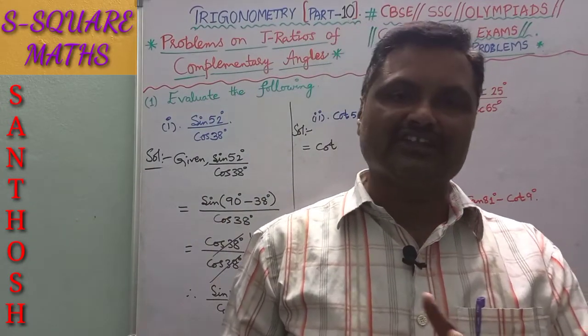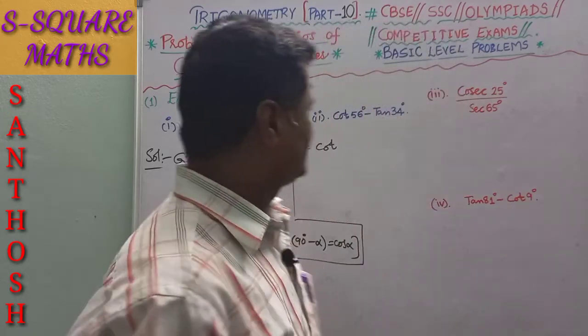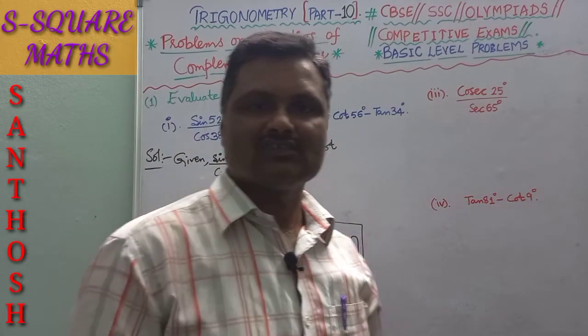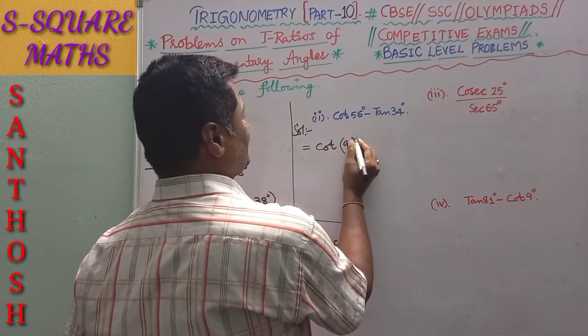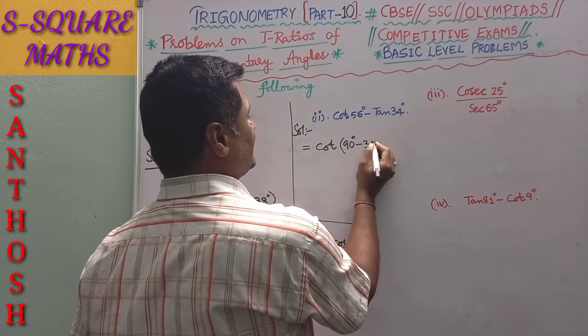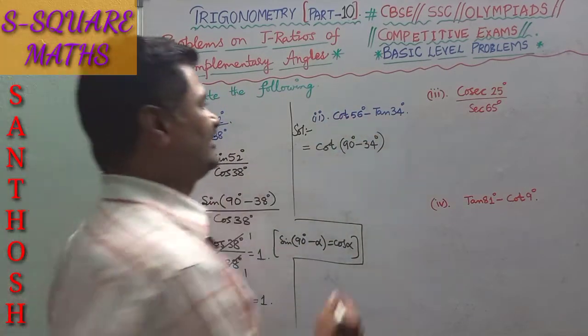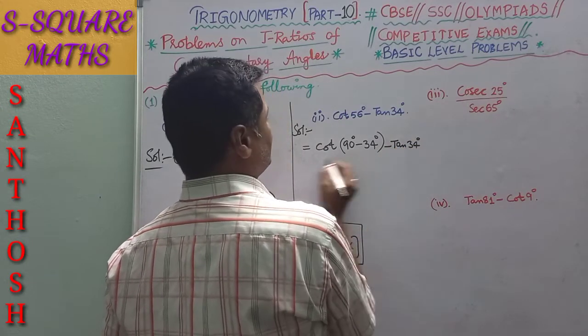Now write 56 with respect to 90 degrees: I can convert 56 such that 90 degrees minus 34 degrees gives you 56, and then minus tan 34 degrees.